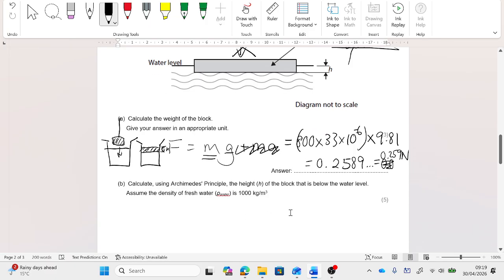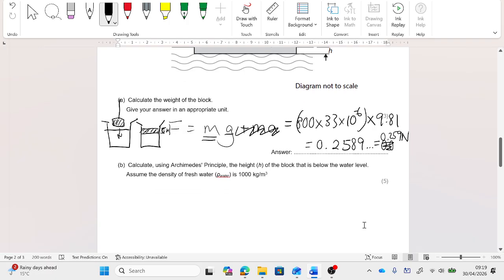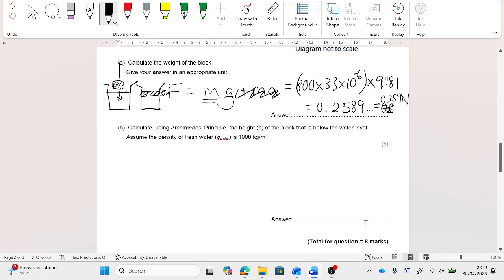Now, it doesn't come with a formula, but it does tell you something. Every exam, if this question comes up, it will tell you to use Archimedes' principle. And this principle essentially says the force exerted by the body.